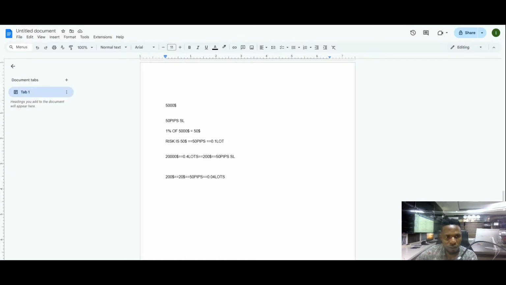So the major thing is, like I said, keep your stop loss constant. Don't be changing it up and down. Calculate the amount you are willing to risk and take your trade. Right. And if you want to take a stop loss that is higher than 50 pips, do your calculation.